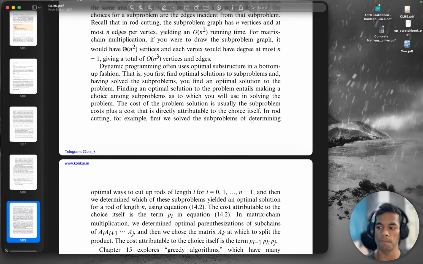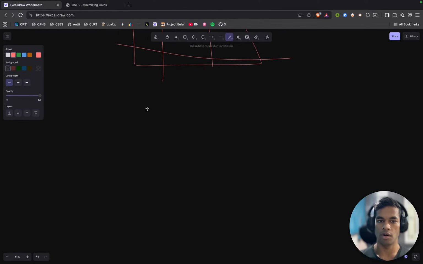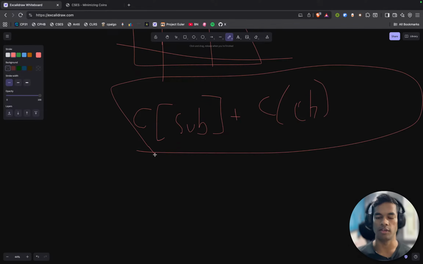Yeah, the cost would depend on the cost for solving the subproblem plus the cost of making the choice. Ch is choice. Yeah, that makes sense.